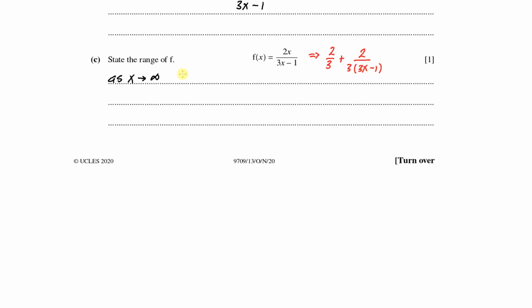So we can therefore say f of x will approach the constant 2/3 plus this thing will have a limit of 0. So we have a limit here for f of x, which is 2/3. So we can say that the range of the function f is going to be f of x having a value that is greater than 2/3. So that's the answer right here for part C.